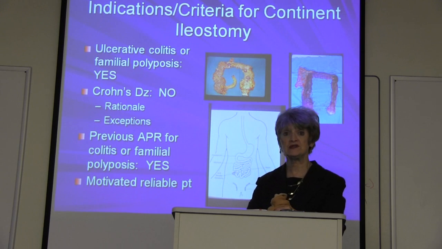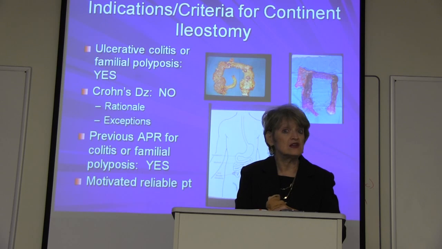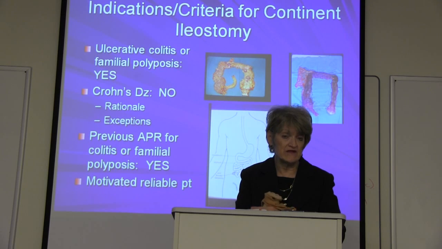What about a patient with Crohn's disease? No, they in general are not good candidates because, as you know, Crohn's disease can involve any segment of the large intestine or small bowel. So if we took out the colon, took out the rectum, did a continent ileostomy, the risk is that the Crohn's disease could recur in the reservoir, and then we would end up taking out a fairly significant section of bowel in order to remove the segment involved with the flare-up of the Crohn's disease.